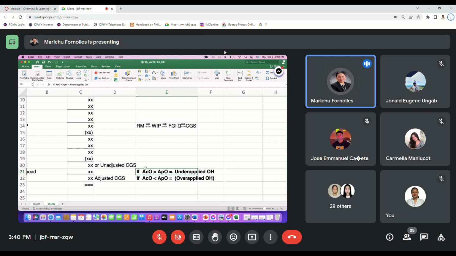If the actual overhead is greater than the applied overhead, the difference is called under-applied overhead. So that under-applied overhead will be added to your cost of goods sold at standard cost in order to get the adjusted cost of goods sold.